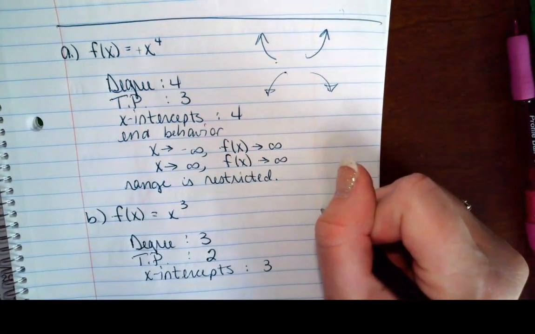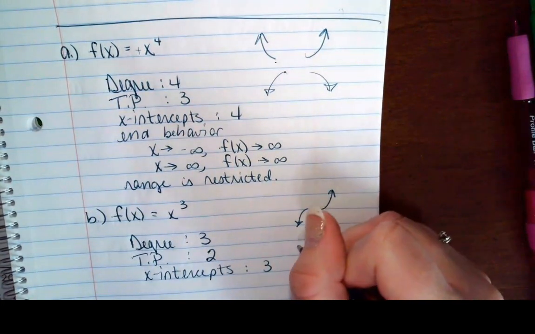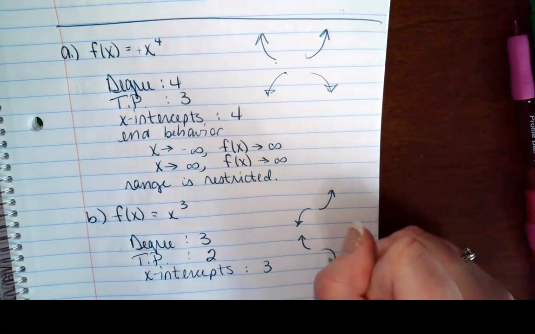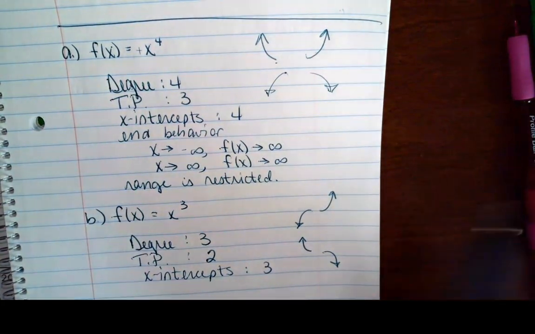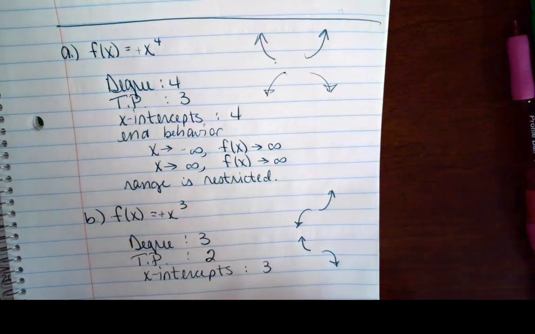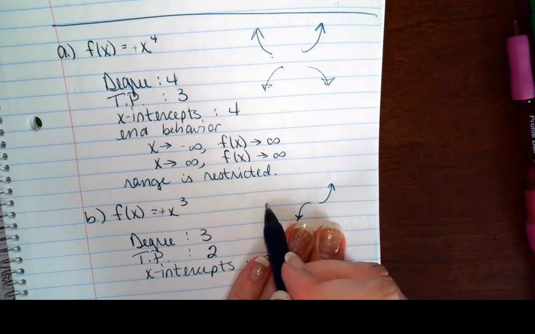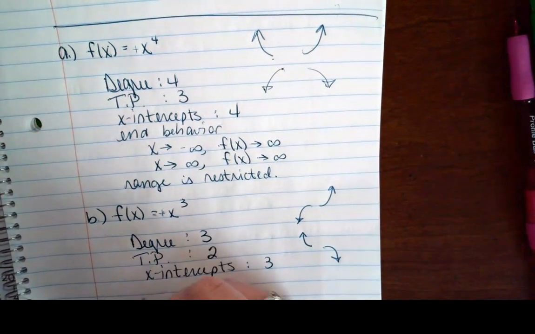So for an odd end behavior, it's either going to look like this or this. If it gets flipped, it'll look like this or this. Okay? So this leads off positive, which means it's going to have this end behavior. So as x moves to the left, where does my tail go? It goes down.